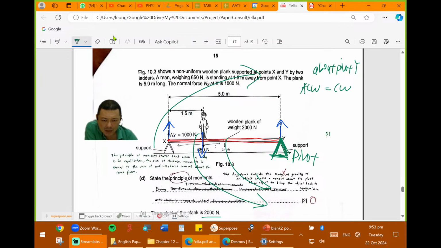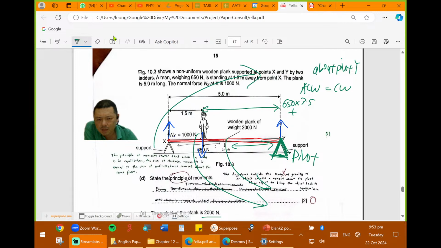So what's the sum of the anti-clockwise moments? How about the man? Man is 650, right? 650 times what's the distance? 3.5, and then plus. Okay, so the thing is that we don't know the distance of the weight of the plank to the pivot.